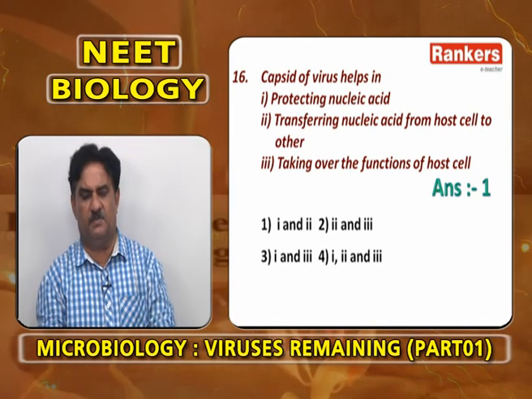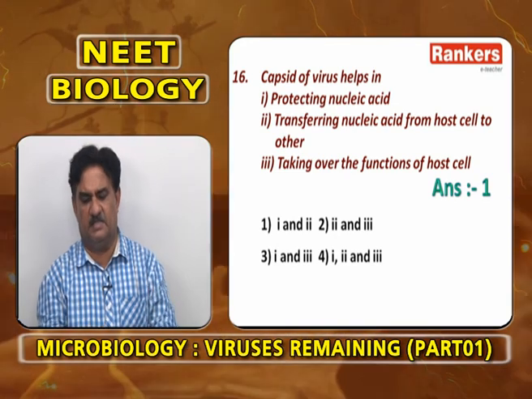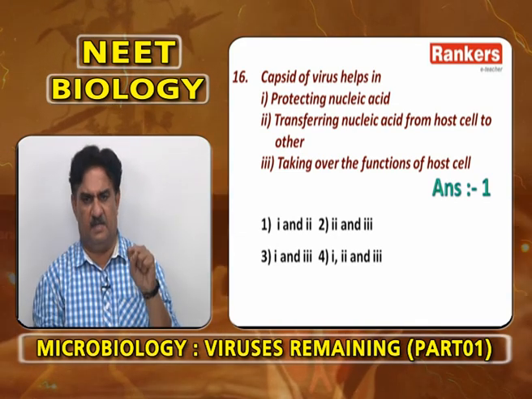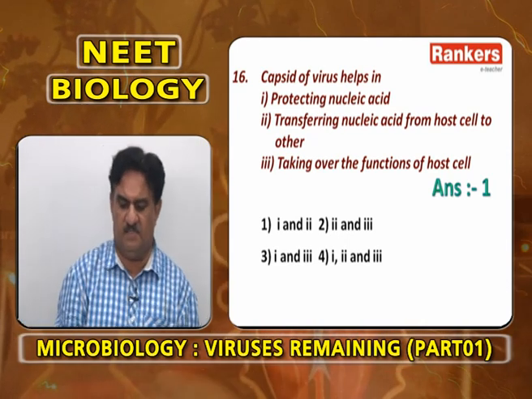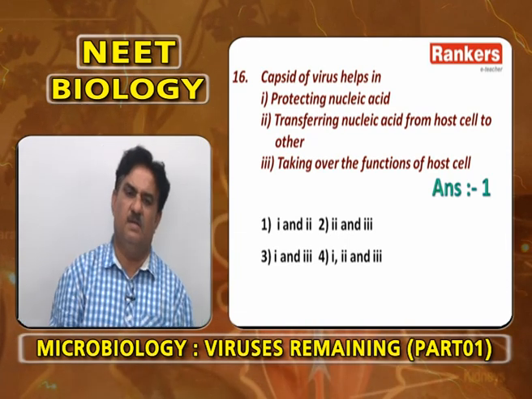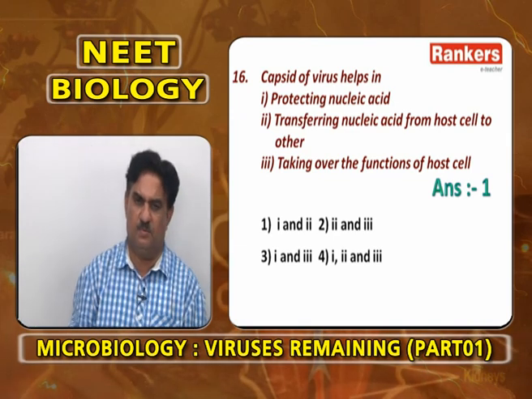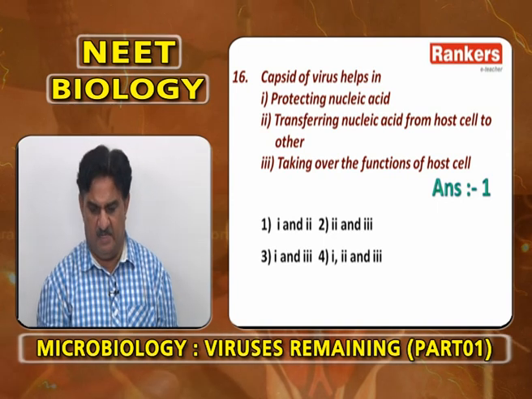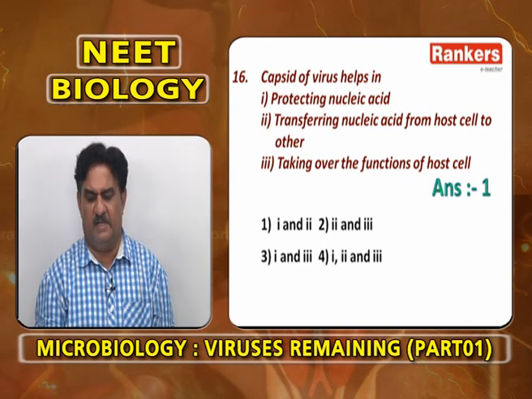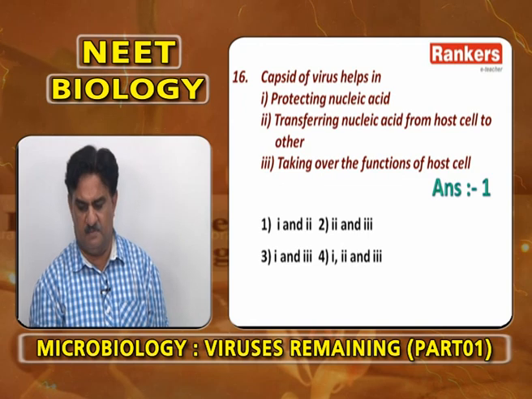Transferring nucleic acid from one host cell to another is correct. When it contracts, the nucleic acid present in the virus enters the bacterial cell. So 1 and 2 are correct for the capsid of a virus: protecting nucleic acid and transferring nucleic acid from one host cell to another.